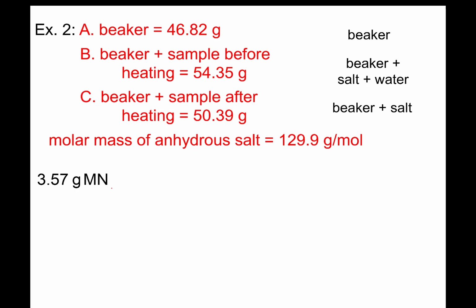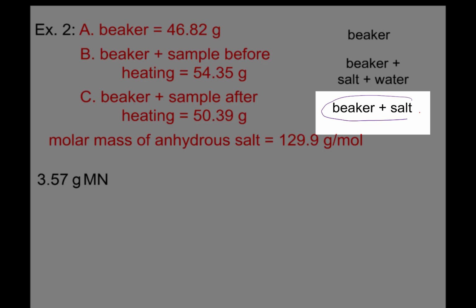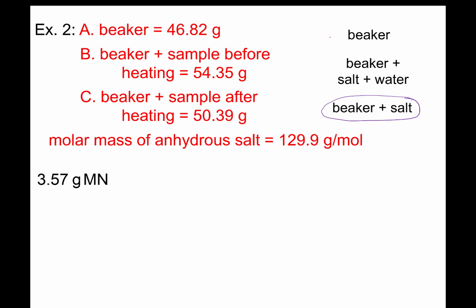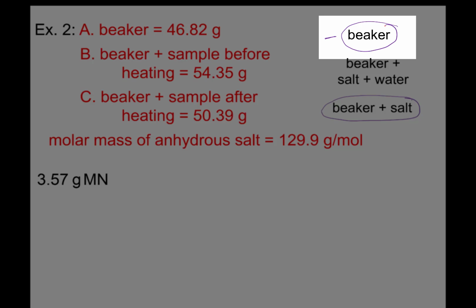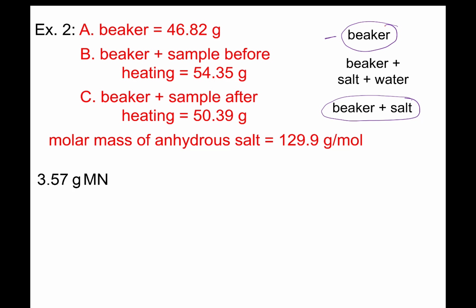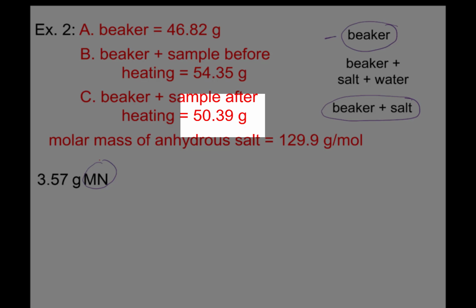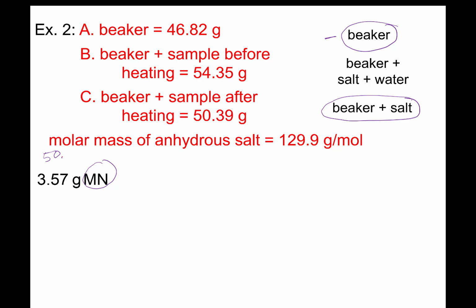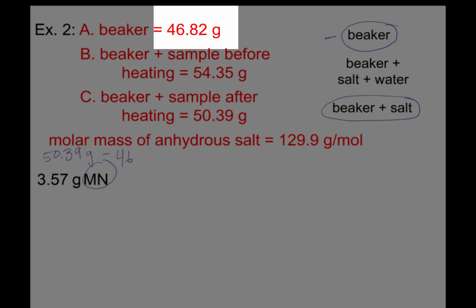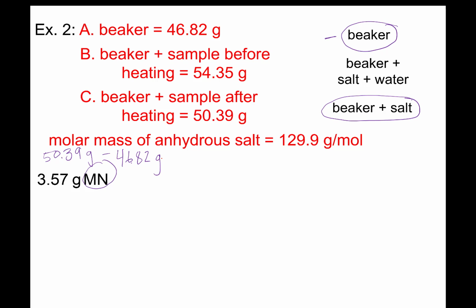How do we figure that out? If you take the beaker plus salt and you subtract the beaker, what you're left with is just the salt. So 50.39 grams minus 46.82 grams gives you 3.57 grams of the salt.